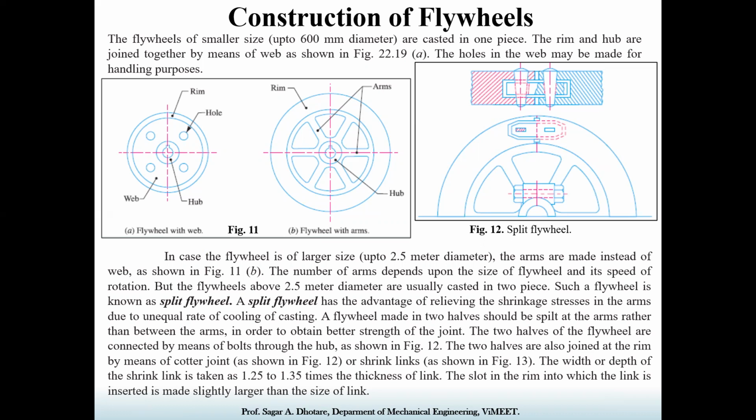In the case of a larger flywheel, about 2.5 meters in diameter, the arms are made with the web, which is shown in figure number B. As the flywheel is small, it is made solid to increase the strength. Okay, it is a solid one. You can see this in figure number 11E.